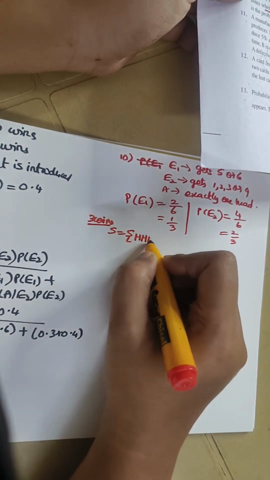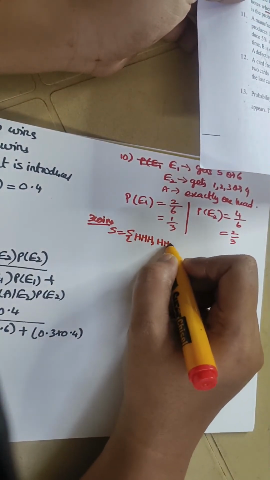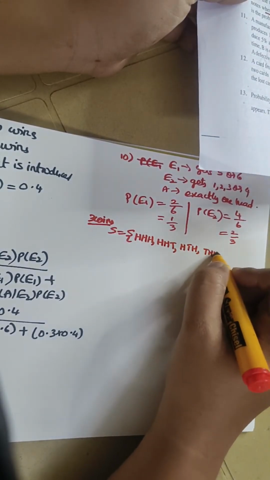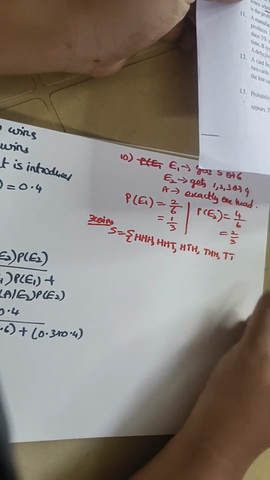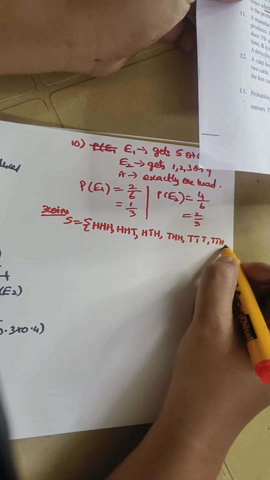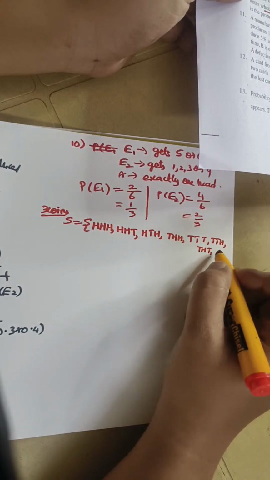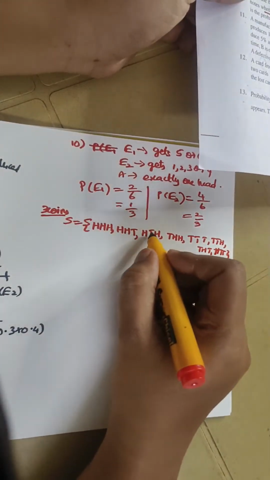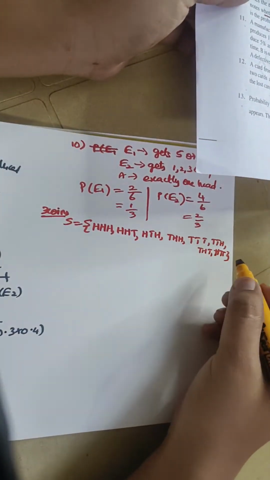Triple head, double H with T: HHT, HTH. This you can do in the rough column. It is not necessary to write in the main. Triple T, double T with H: TTH, THT, HTT. So 1, 2, 3, 4, 5, 6, 7, 8.